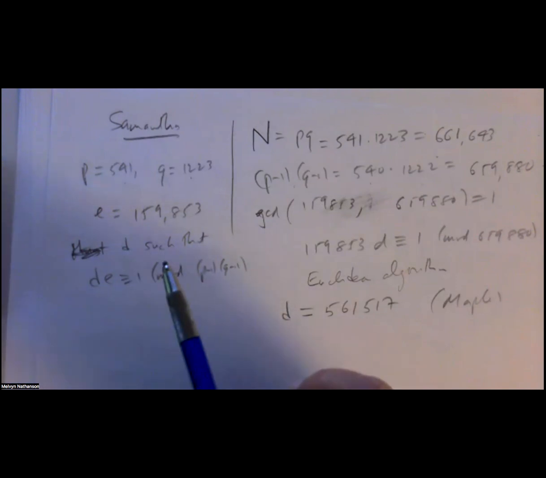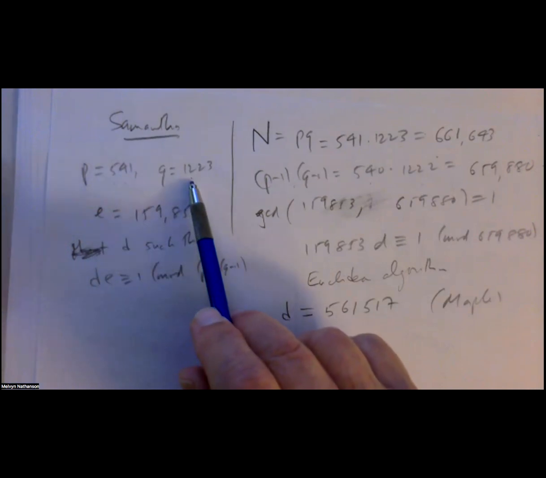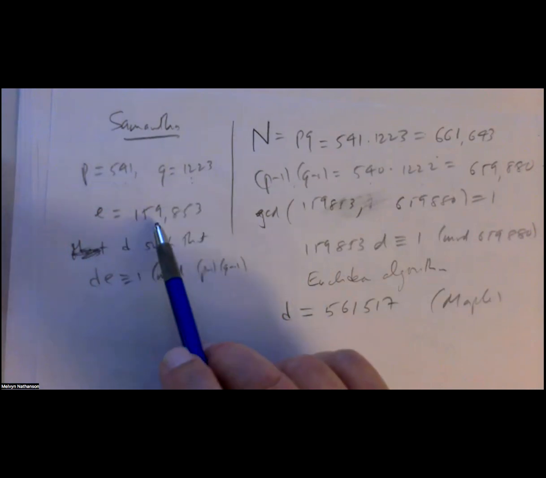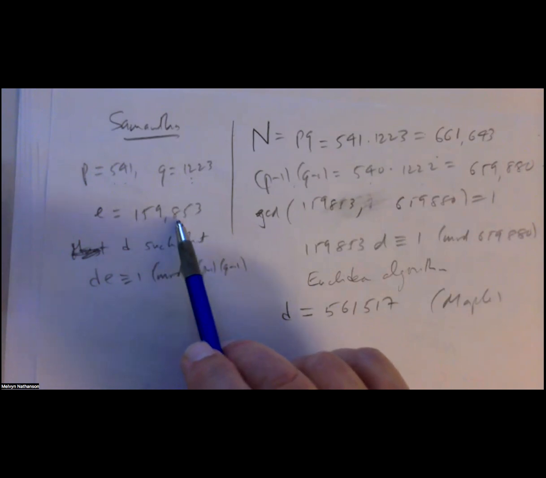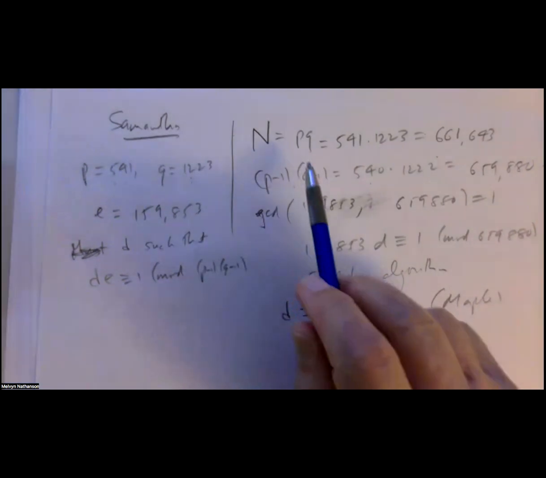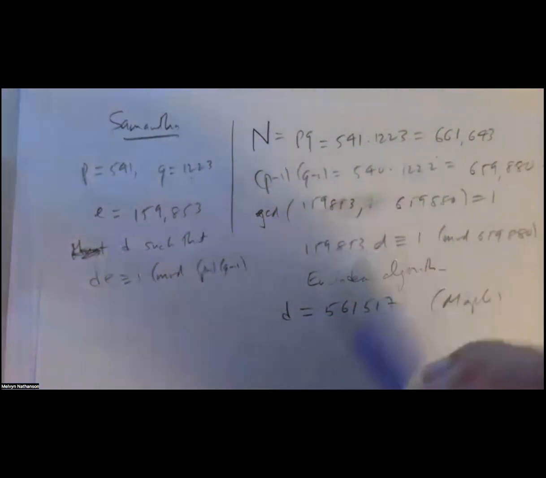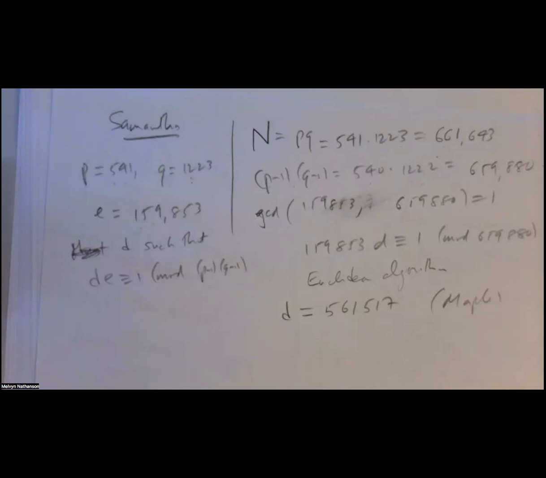Samantha uses the RSA signature scheme with the primes 541 and 1223, and the public verification exponent 159,853. So I'm just checking that this is all correct. If you take the product of the primes, you get 661,643. That is the public modulus.